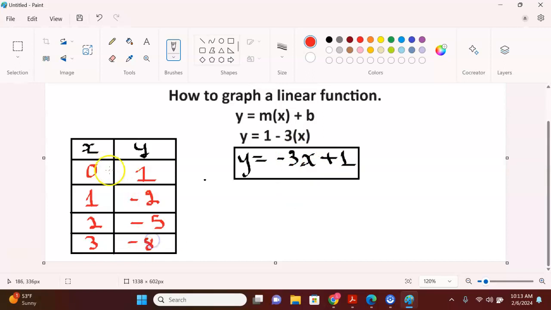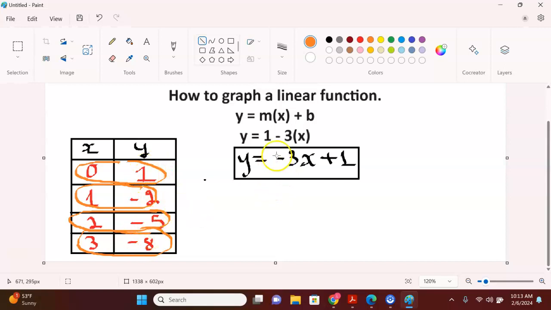So now you have 4 ordered pairs right there. Let's go over here. All my inputs are positive and my outputs look like they're negative.